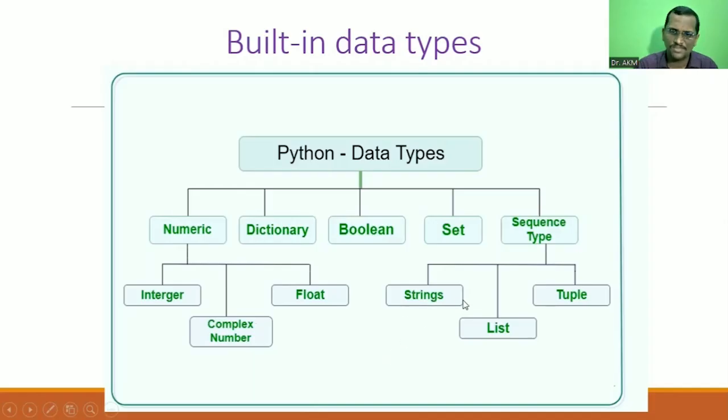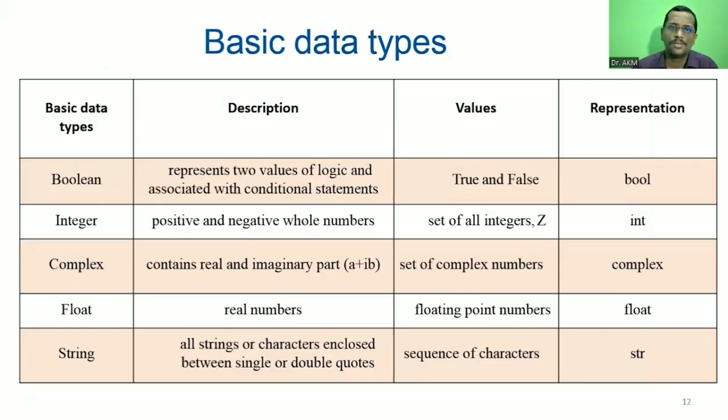The sequence data types are strings, list, and tuple. Next, the fundamental or basic data types in Python are Boolean, integer, complex, float, and strings.